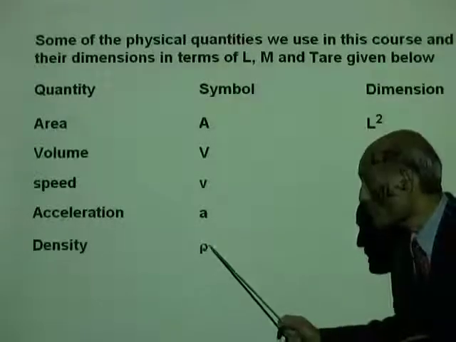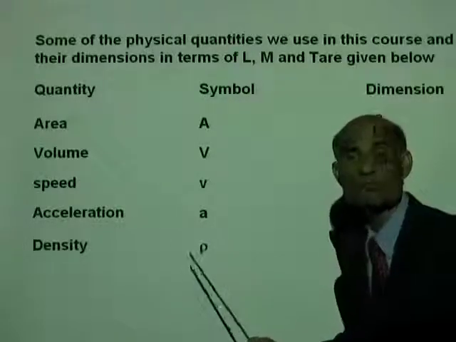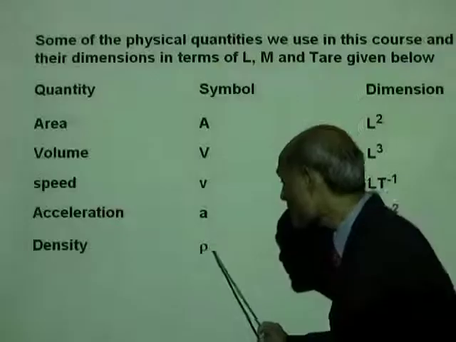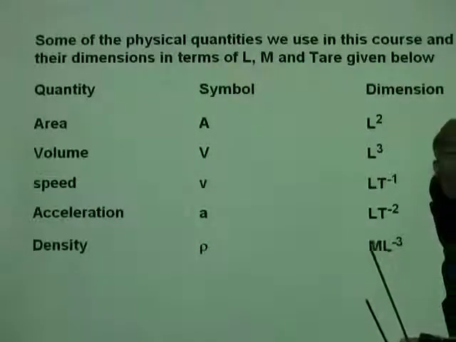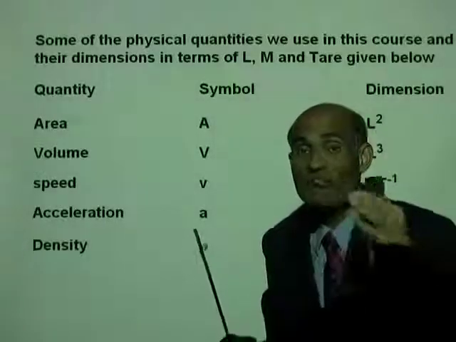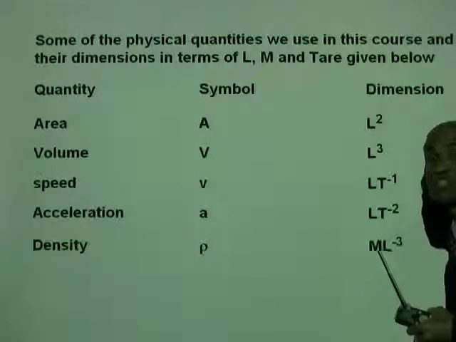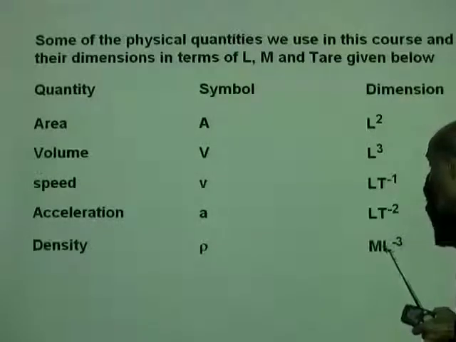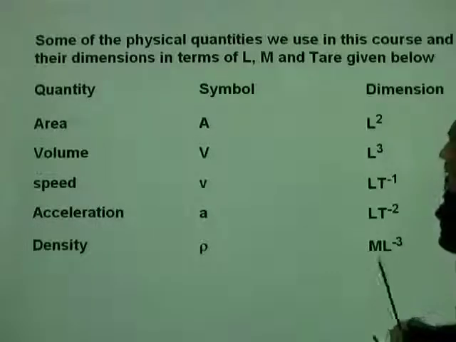Density, we generally represent density by the Greek letter rho. You've got to practice that, rho. And what are the dimensions of density? Density is mass divided by volume. The dimension of density is ML to the power of -3. Okay.